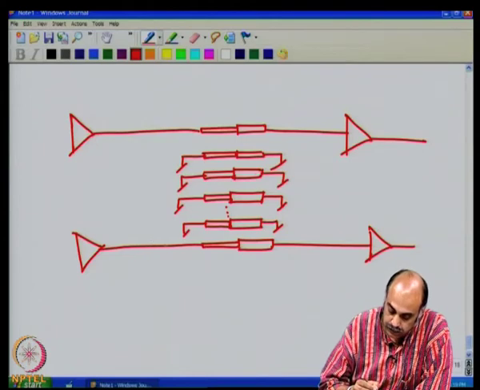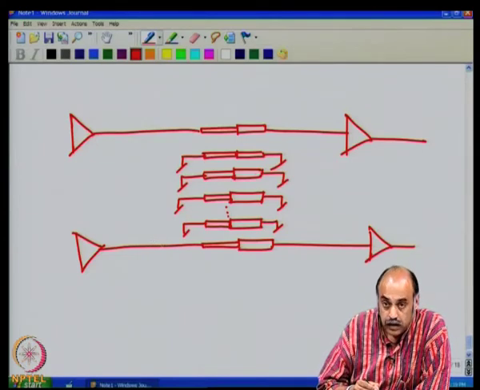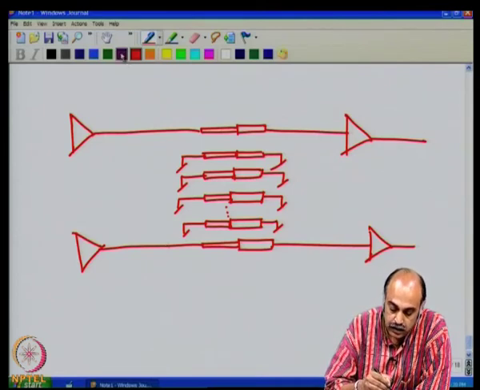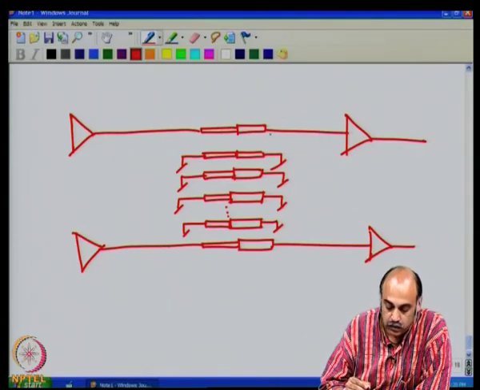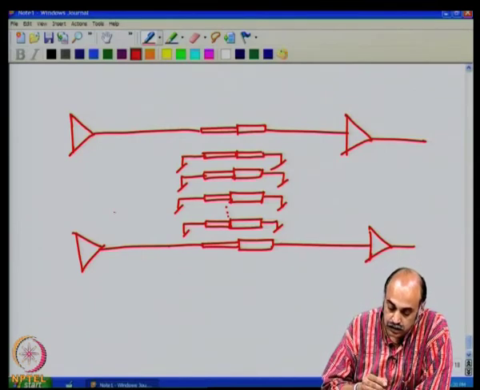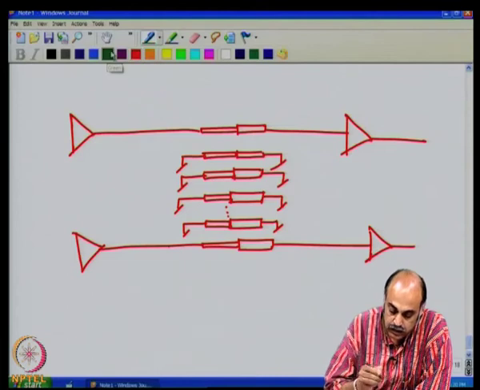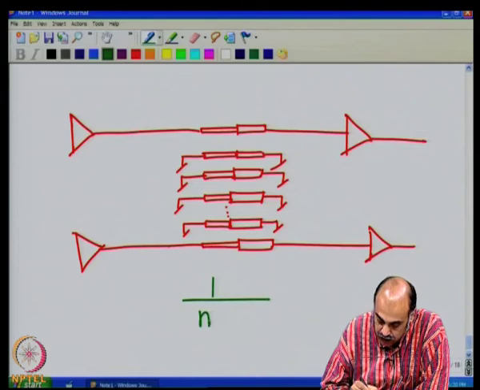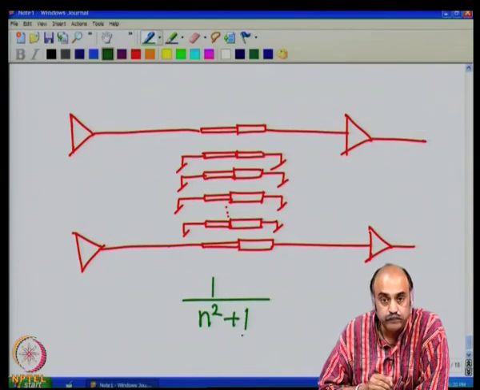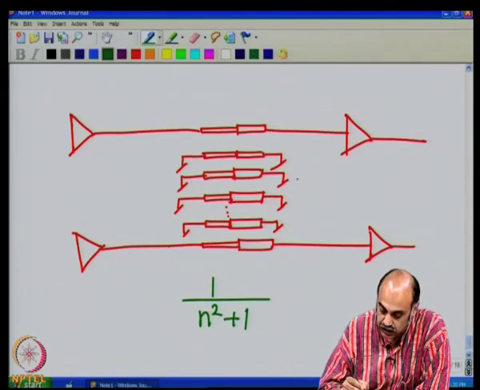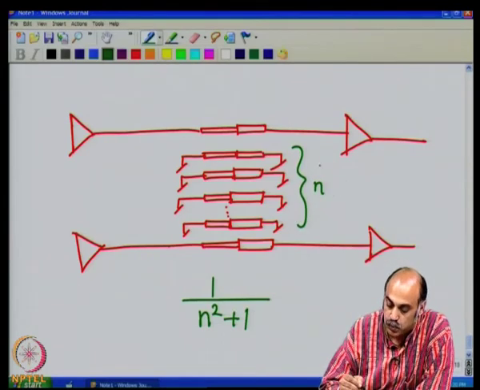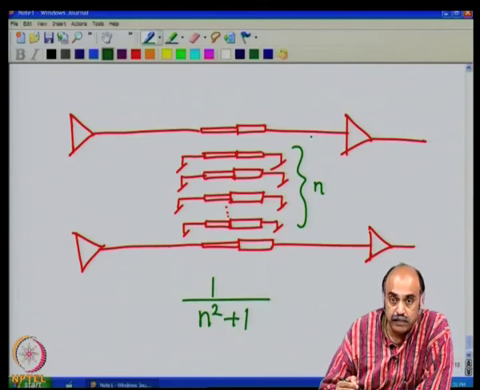Now, this will increase the impedance between these two lines, and as a result the crosstalk between these two lines will come down drastically, and that will come down by a factor of 1 by n square plus 1, where n is the number of ground lines which you have interposed in between the two signal lines that matter.